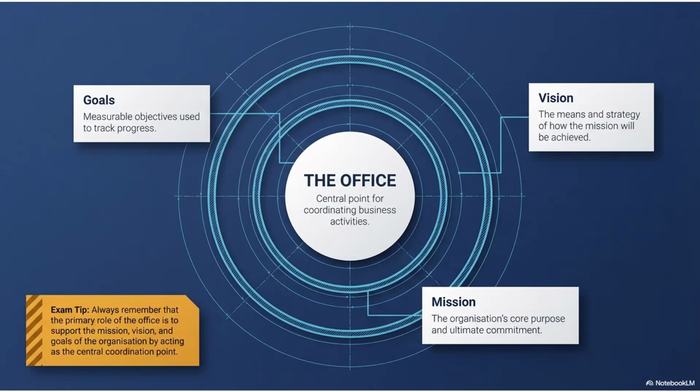And the goal of the office is to help achieve the mission statement and the vision statement of a company. So whatever the mission is, whatever they want to achieve short term, or whatever they want to achieve long term, the office is there to help facilitate that as best as they can.